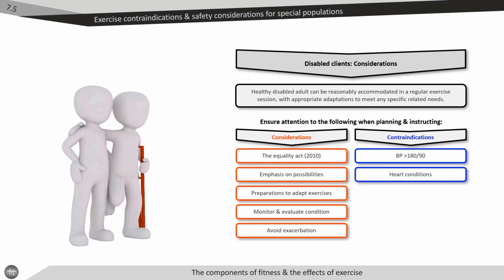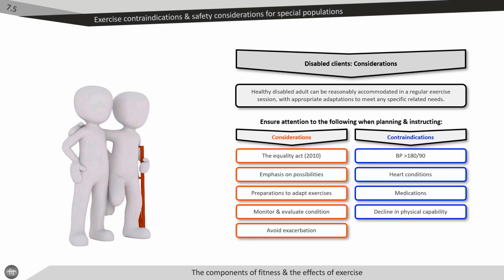Also any unstable medical conditions such as diabetes or angina, and the use of any prescribed medications to control these unstable or chronic conditions. With any decline in an individual's physical or psychological capability, along with a decline in any current condition, the individual should cease exercise and be signposted to their GP or medical professional for either clearance or referral to exercise.